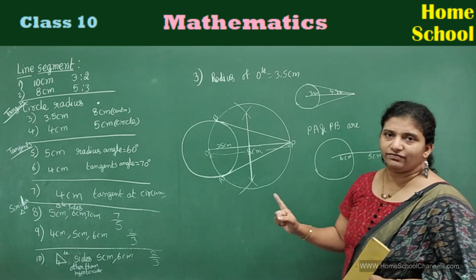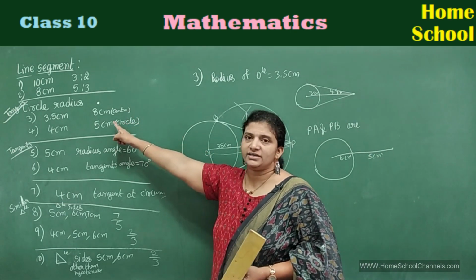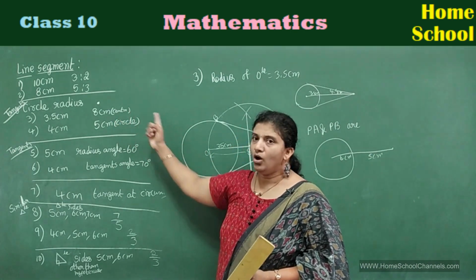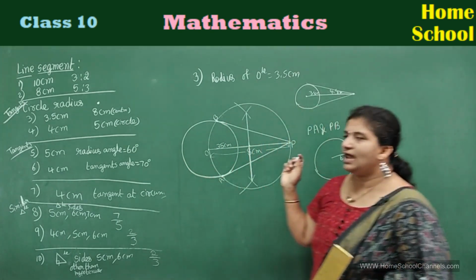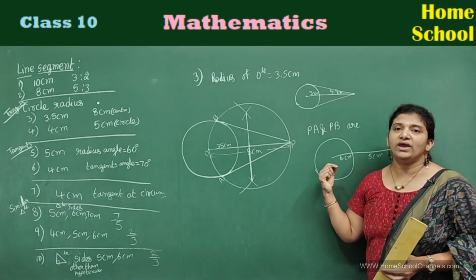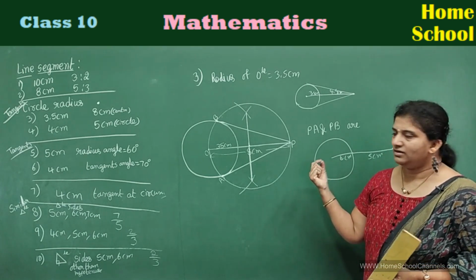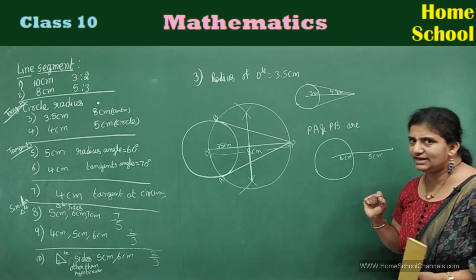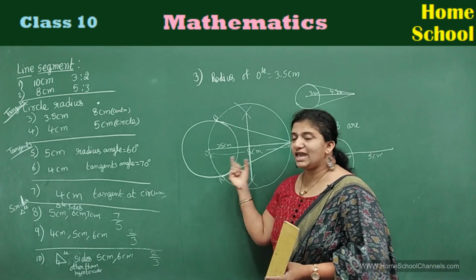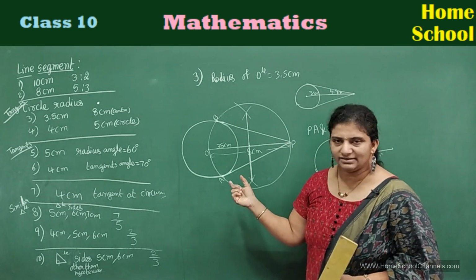Observe the point carefully. The external point is away from the circle, not the center. You should observe carefully. So from here 5 centimeters, total line segment length is 9 centimeters. Now in the same manner you need to do the construction.